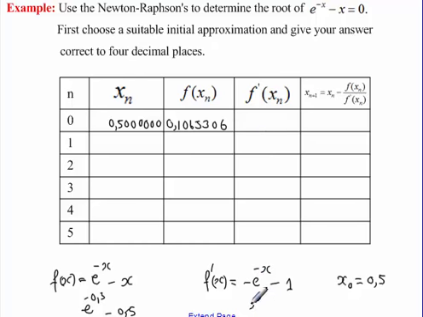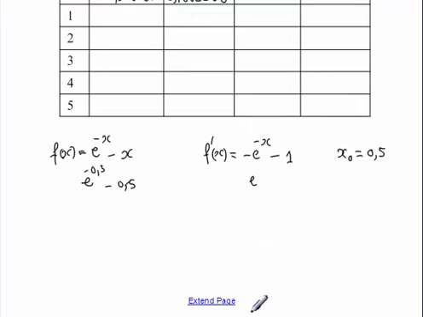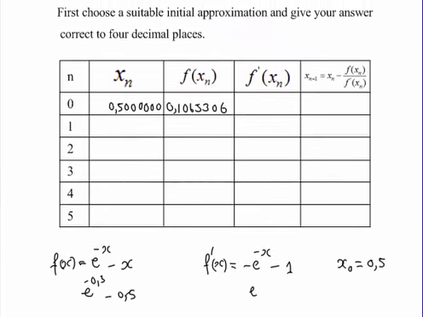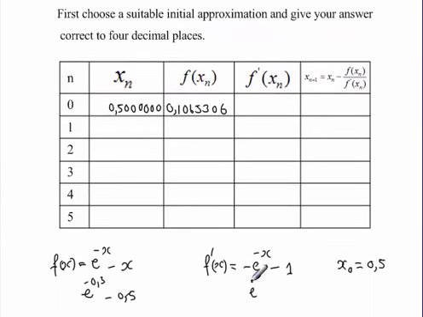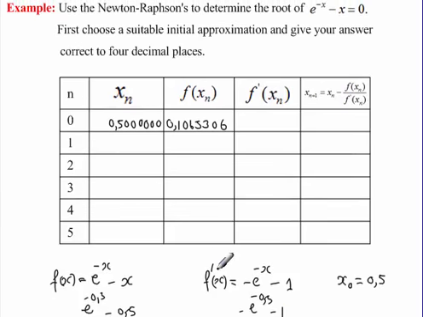Then just get to the derivative now. Do exactly the same thing. To be e to the power minus e to the power 0.5 minus 1. What is that?